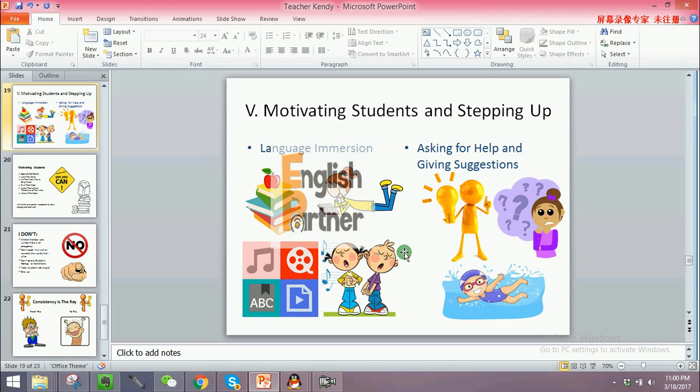Also, if they can find a friend who is also studying English, who they can converse with or communicate with in English, then that would be better. Plus, they can also sing songs in English. Yeah, or listen to English music if they're into music. Yeah. Through immersing oneself in English materials, he or she can improve better than those who don't do it.